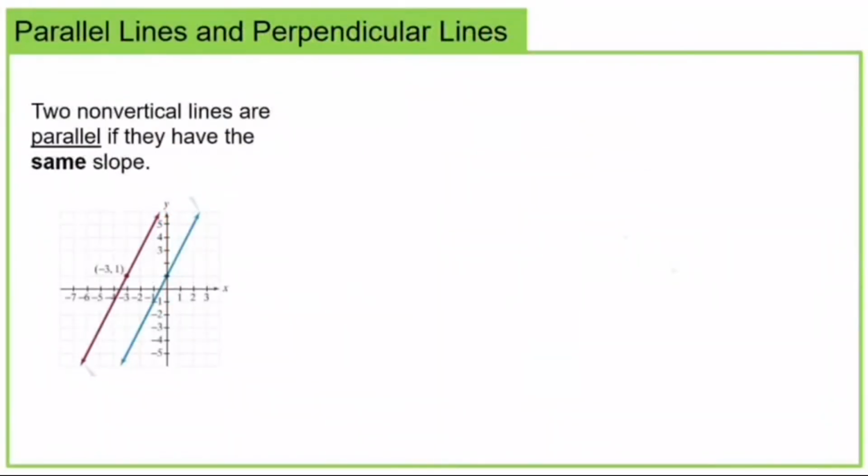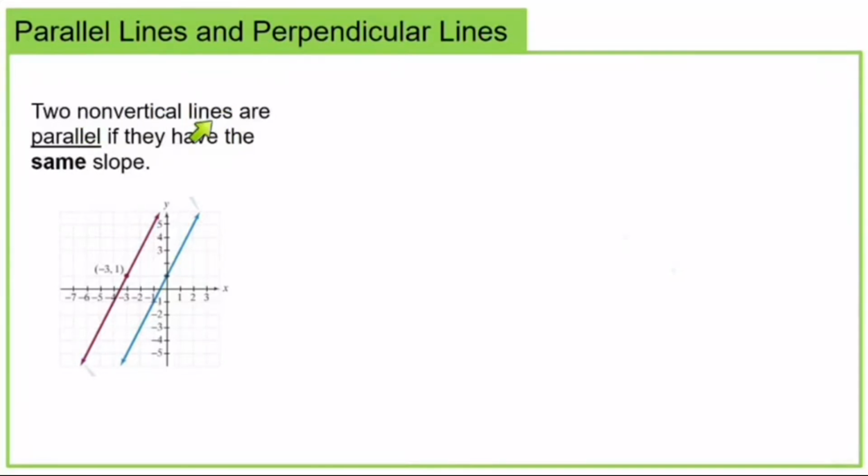The last thing we need to do in this section is talk about parallel and perpendicular lines. Our goal is to be able to write the equation of a line that's parallel to another line or perpendicular to another line. So we need to know something about how the slopes of parallel lines and the slopes of perpendicular lines relate.